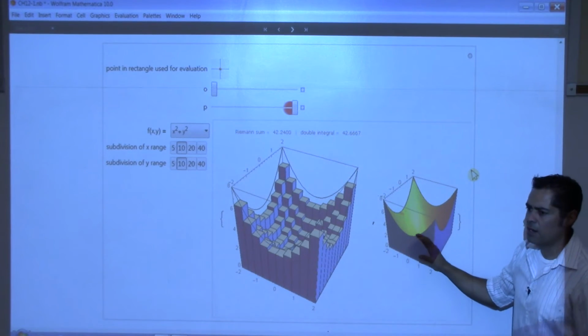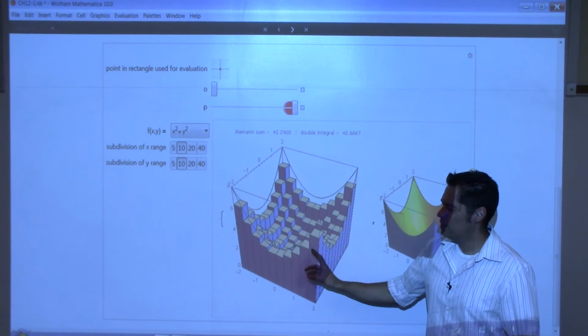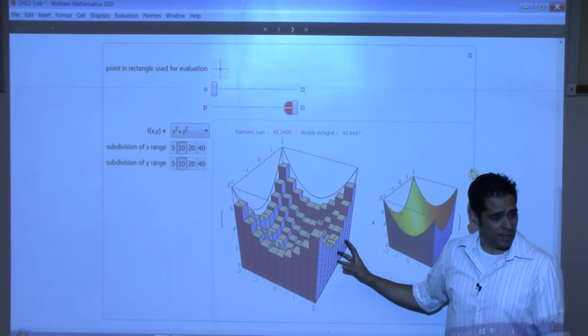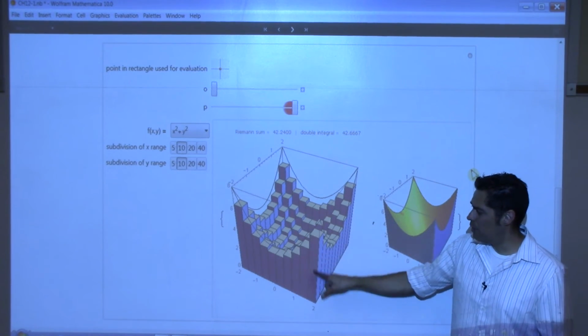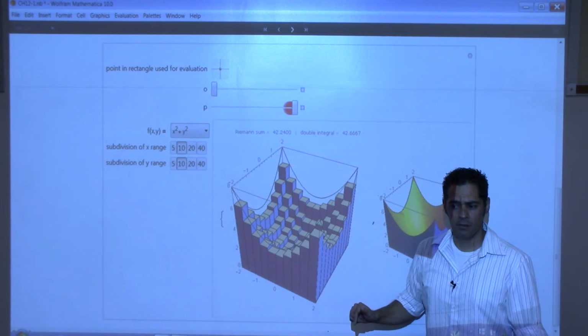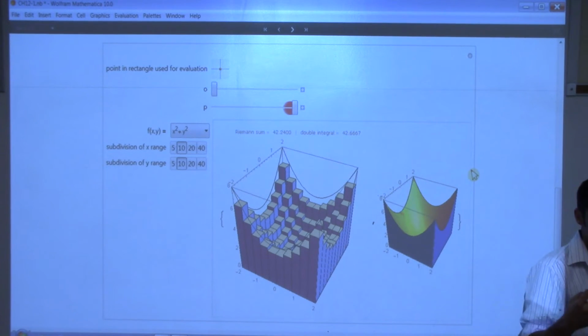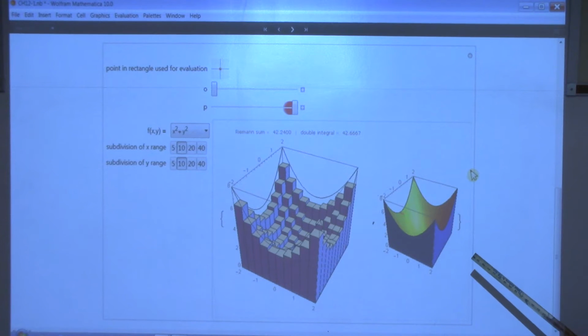So what I do is I cut up a bunch of rectangular boxes, and I try and find the volume of each of these boxes. And if I could find a formula for the volume of each of those boxes, I would just add them up, wouldn't I? If I add them all up, I'd get an approximate volume. Do y'all see the connection here?